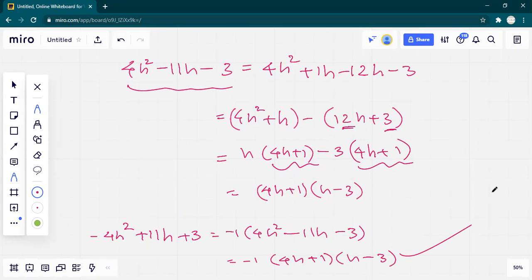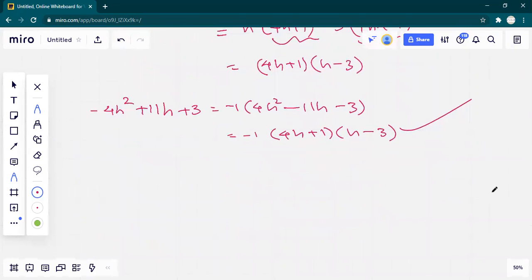Okay, now before winding up today, let me mention that not all trinomials with integer coefficients and constant term can be factored like this. For example, 2x squared plus 35x plus 7.